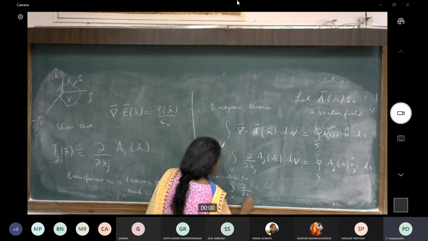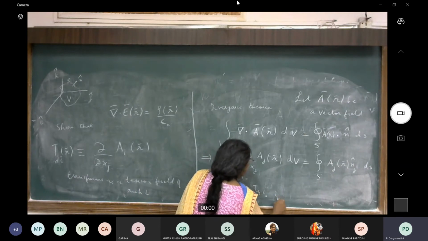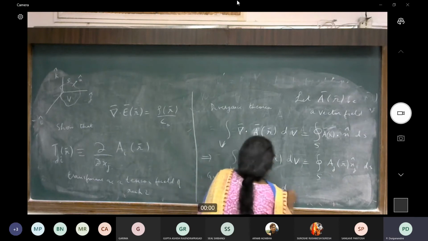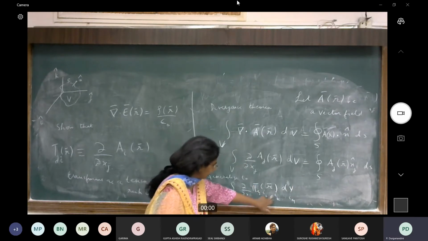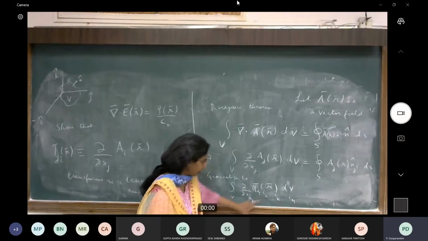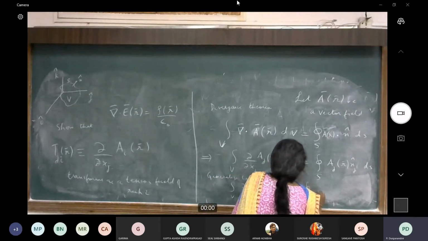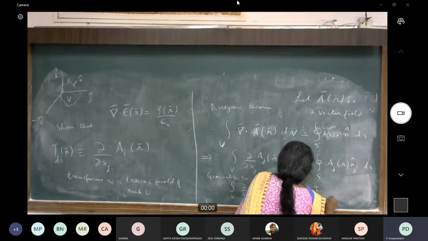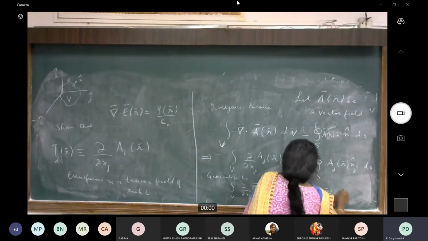So if I now have a tensor field of rank n, T of r, then the integral of this over dV, taking the divergence over the ikth index, del by del x ik, so I've contracted these two and then taken the integral, will be equal to the surface integral of T i1, i2, ik, in of r dot n ik.